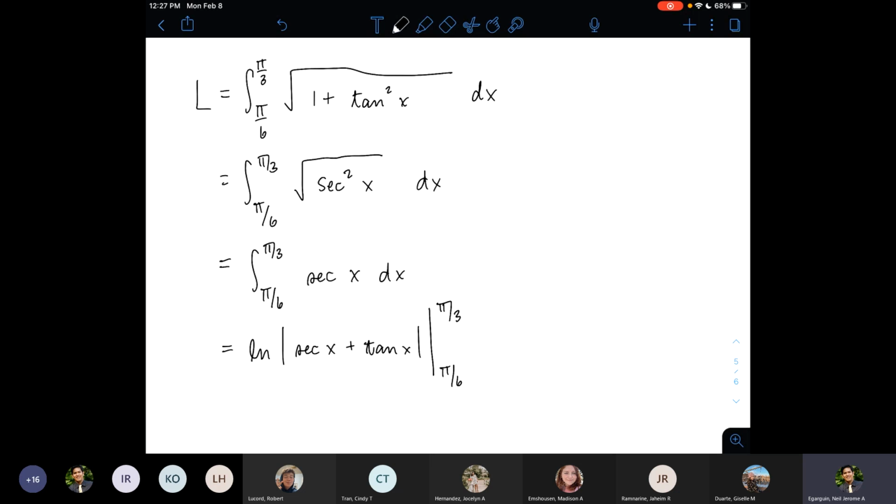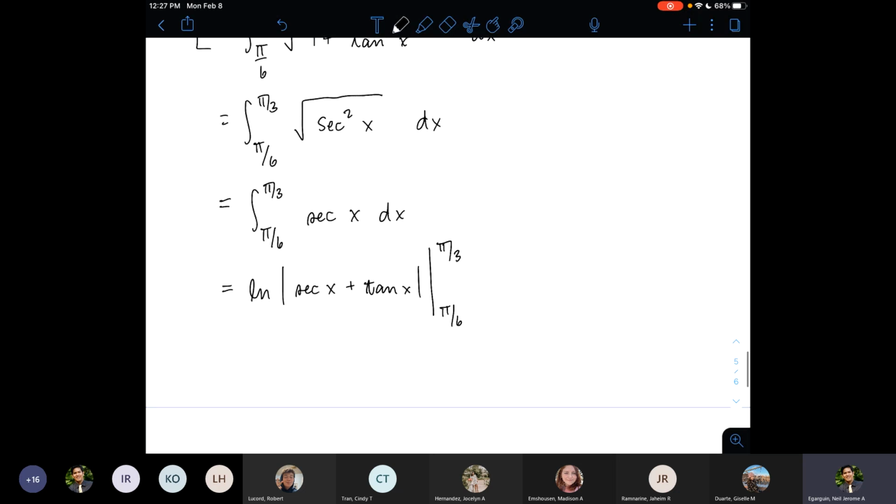So we need to evaluate the integral. I'll first plug in the upper bound, minus I'll plug in the lower bound.